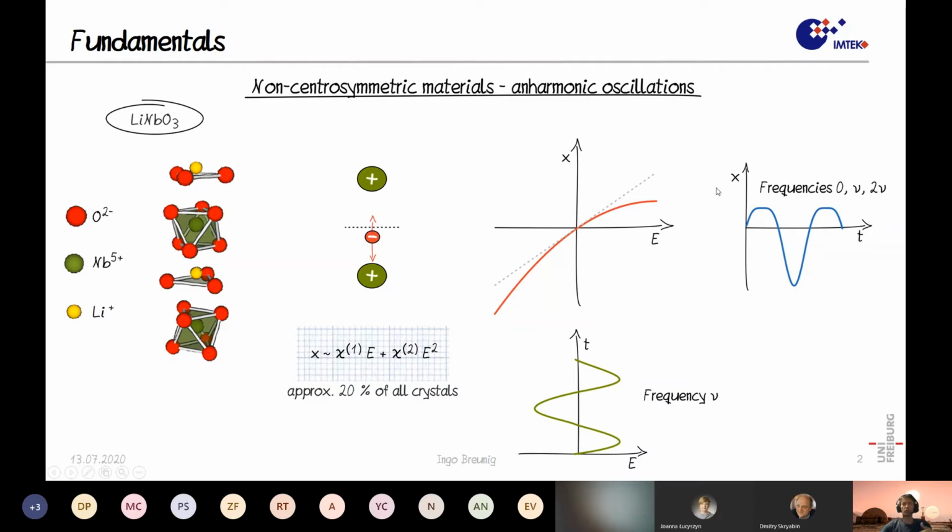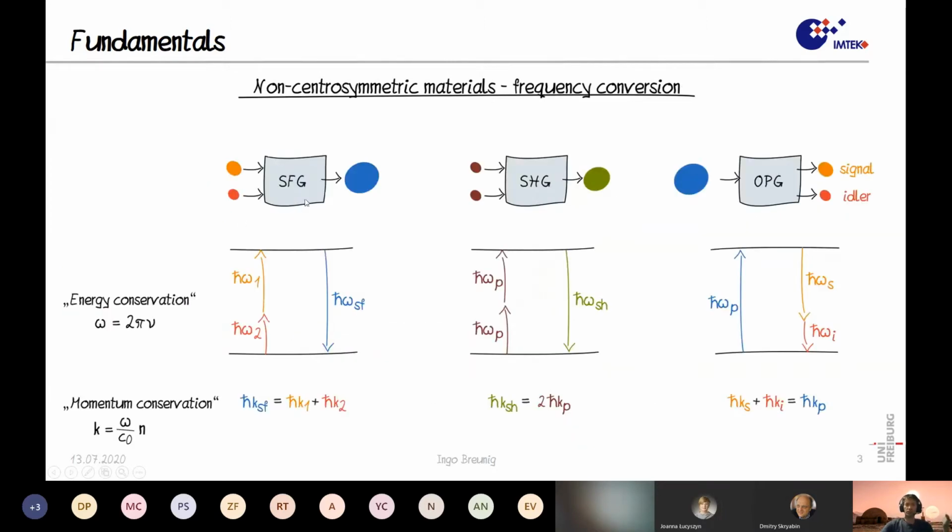Due to this anharmonic oscillation, you can have much more effects than only optical rectification and second harmonic generation. There is, for example, something that we call sum frequency mixing. You have two photons in the photon picture coming in, one with the angular frequency omega-1, one with the angular frequency omega-2.